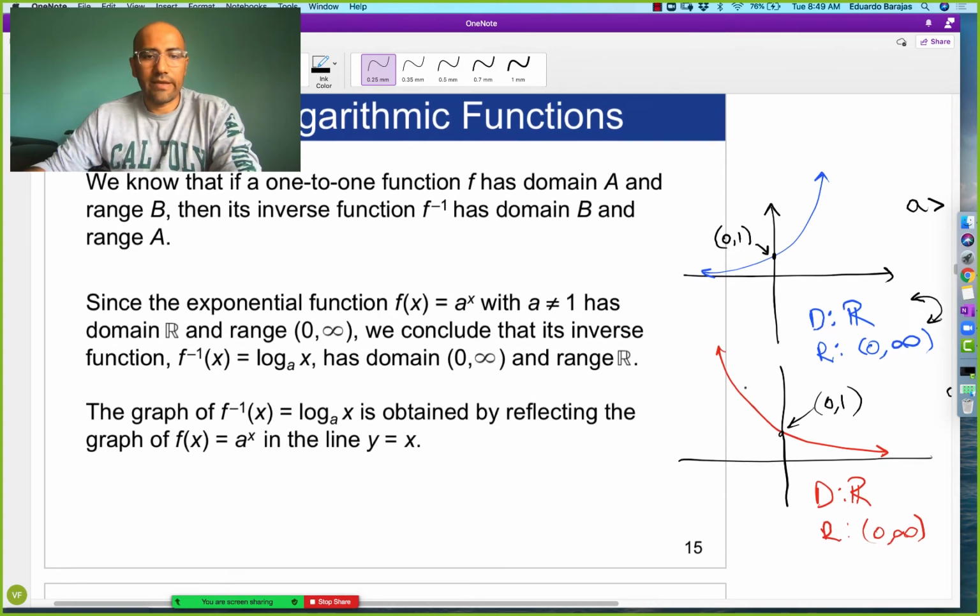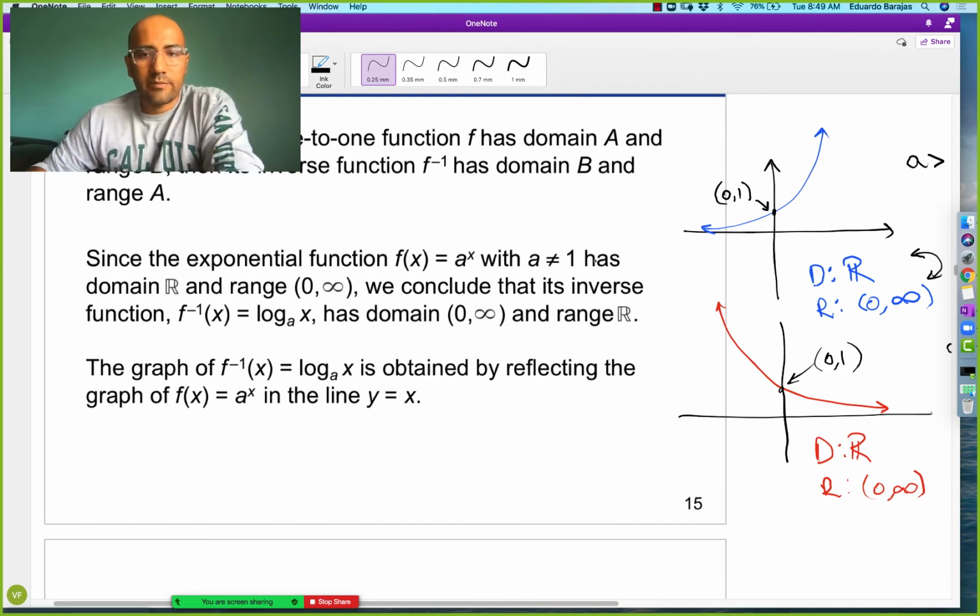Right? That's what we're driving at here. The exponential function has a domain of all real numbers and a range of 0 to infinity. We conclude that its inverse function, which is the log base a of x function, is going to have a domain of 0 to infinity and a range of all real numbers.